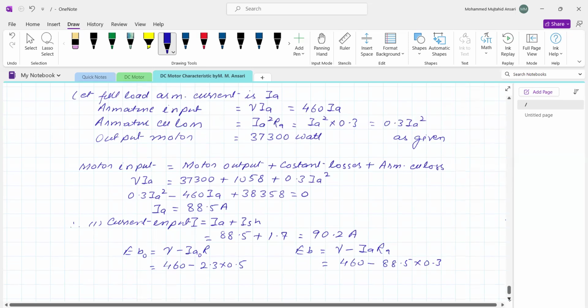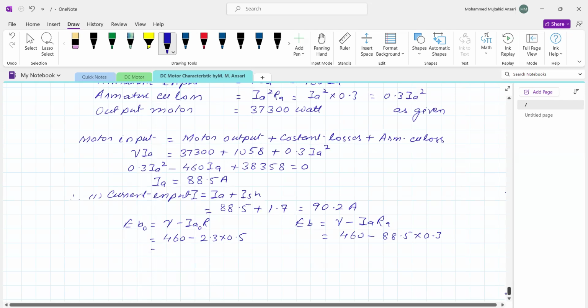So the back EMF Eb0 at no load condition is 459.3 volt, whereas for the load condition it is 433.5 volt.